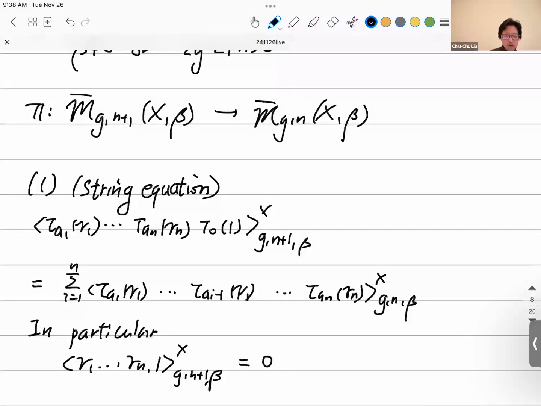In particular, if your integral is just some primary Gromov-Witten invariant where the last insertion is the identity, then we just get 0.